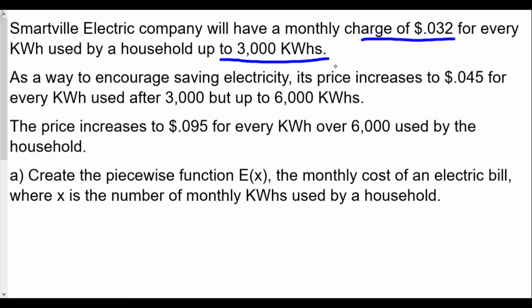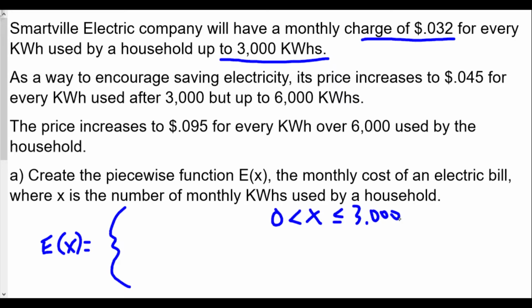And so for E of x, and there'll be 3 tiers for this one, we're dealing with all values x greater than 0, but less than or equal to 3,000. It's up to 3,000 kilowatt hours, so that's your first tier.